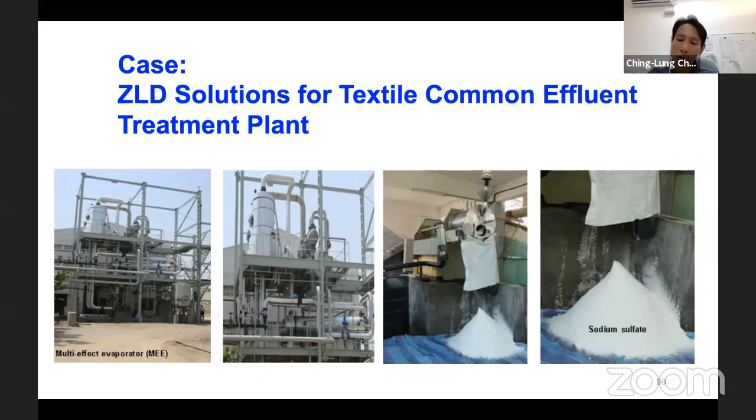This sodium sulfate is very high purity, so they can sell it at a good price. When you sell something at a good price, it can compensate your wastewater treatment cost and lower it.